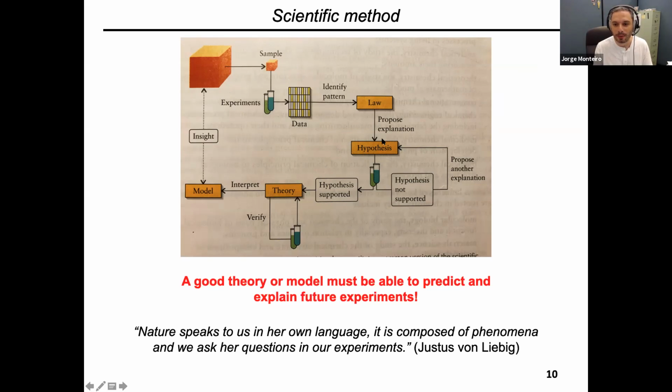Once you have your hypothesis, you are going to do new experiments. And if those new experiments confirm your hypothesis, then you have a theory. If not, then you have to go back and improve your hypothesis. Once your theory is verified by other people, then you have a model.